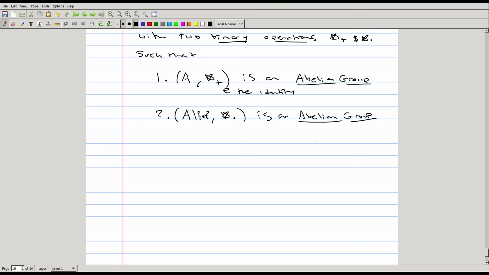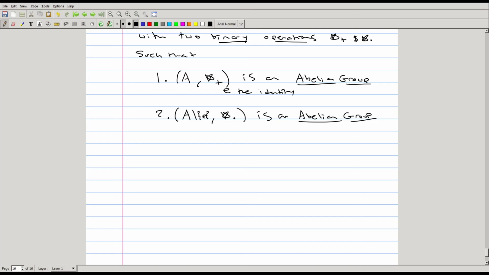Namely that multiplication is associative, multiplication has an identity element, and multiplication has an inverse for every non-identity element, or non-zero element, in the set itself.